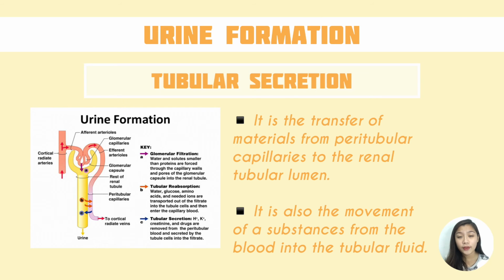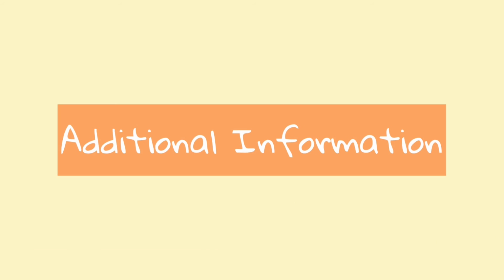It is the movement of substances from the blood into the tubular fluid, where hydrogen, potassium, creatinine, and drugs are removed from the peritubular blood and secreted by the tubule cells into the filtrate.